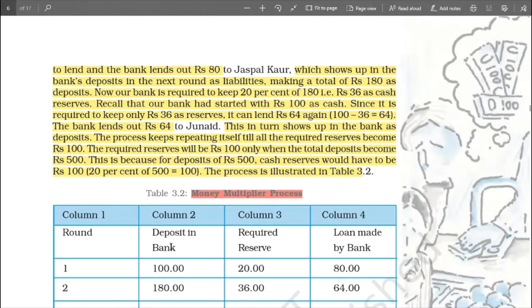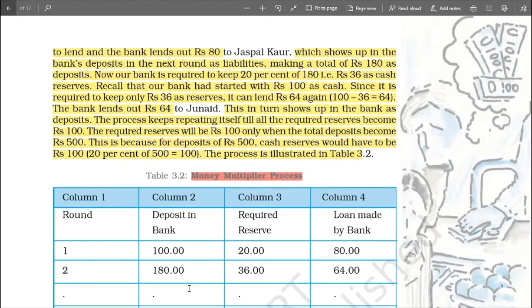So the total deposit in the bank now becomes 100 plus 80, 180. You see how money keeps on multiplying, how money is supplied, how credit is created. Credit creation gives rise to an increase in money supply.